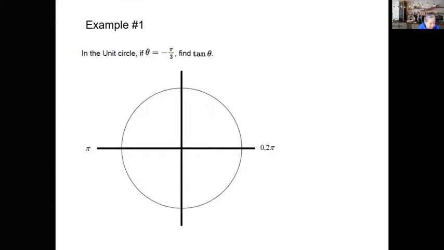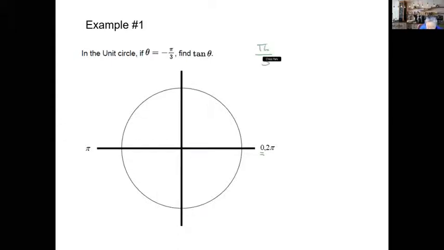Then from the initial side, which we can verify as 0 here, to go negative, we have to proceed clockwise.